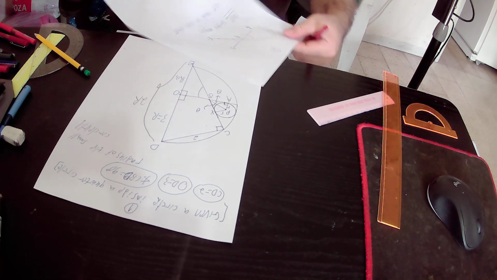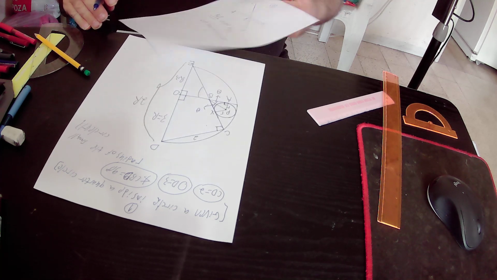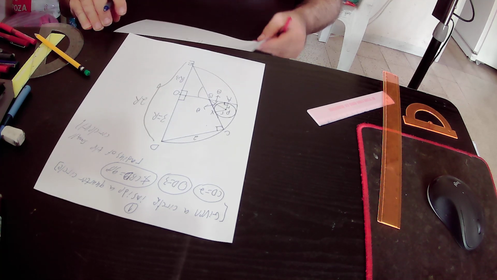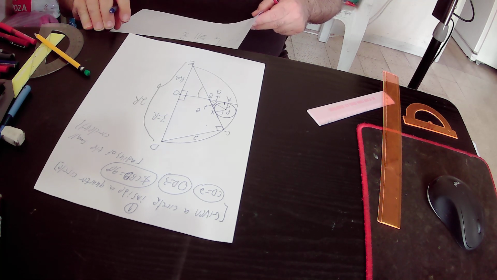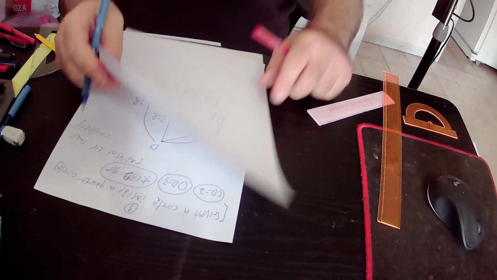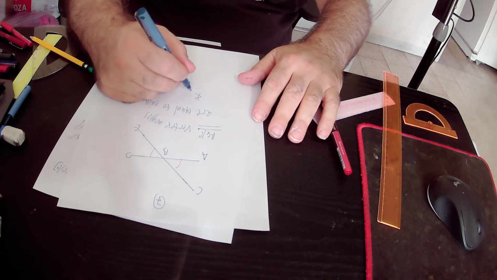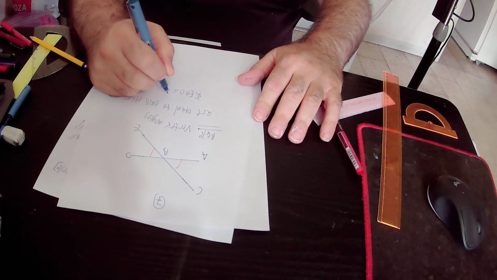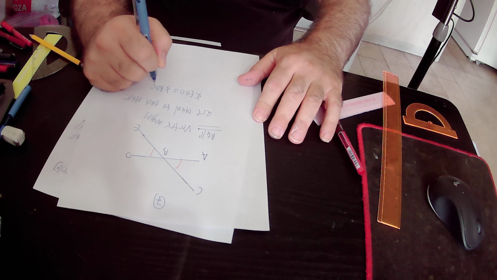Therefore angle EBO equals angle ABC, according to this rule, because they are two vertex angles.